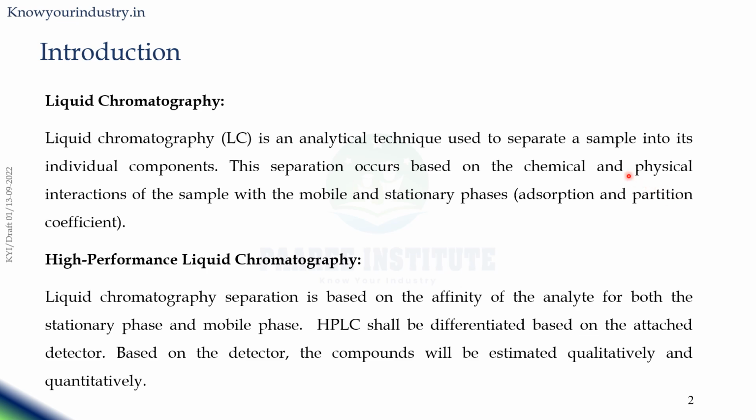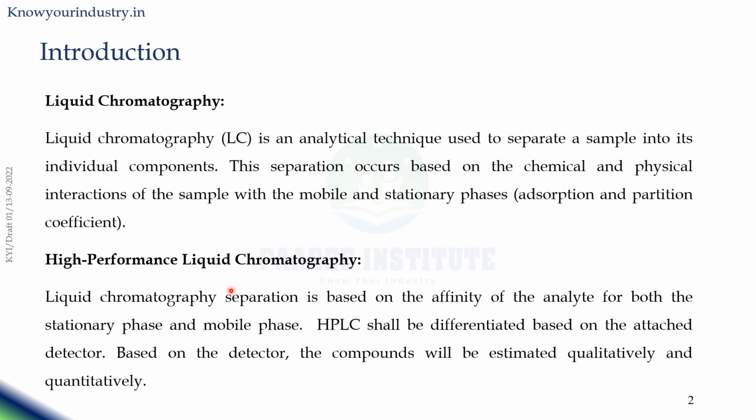What is chemical interaction? Generally, chemical interaction happens in ion chromatography kind of techniques where the ions are exchanged. So, the chemical and physical interactions of the sample with the mobile phase as well as the stationary phase are critical for the separation of the components here. In high performance liquid chromatography, the mobile phase is passed into the column with a high pressure.